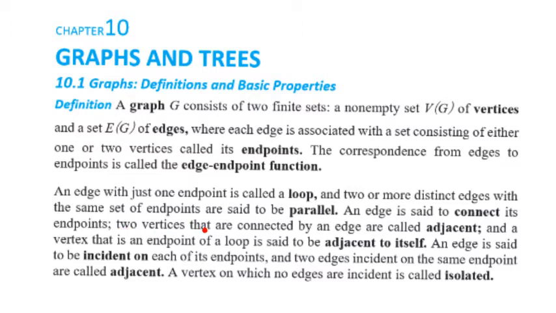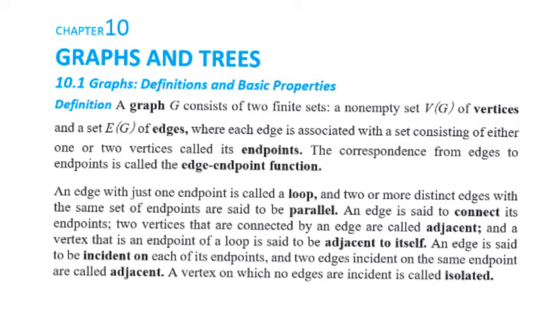Two vertices that are connected by an edge are called adjacent, and a vertex that is an endpoint of a loop is said to be adjacent to itself.